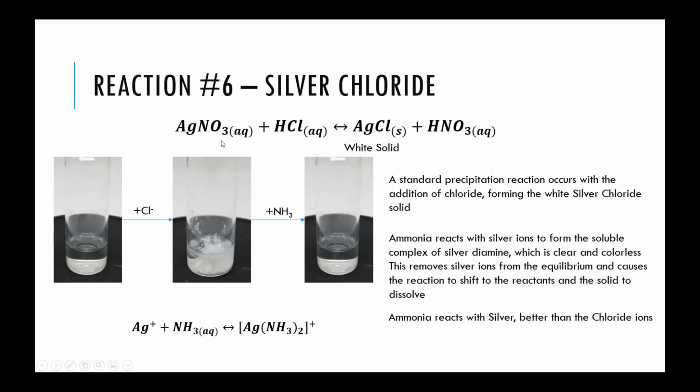You're removing silver ions from this equilibrium reaction to have them form the silver diamine complex, which is also clear and colorless. It looks like it changed back into the same thing that you started as, but it is a separate compound.